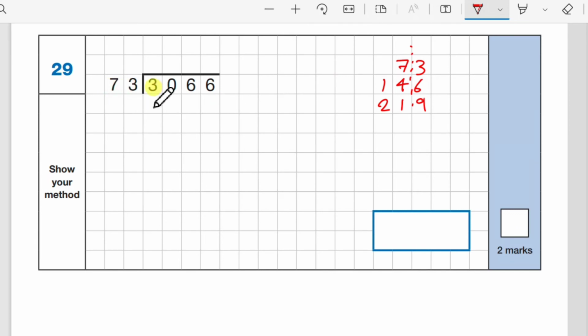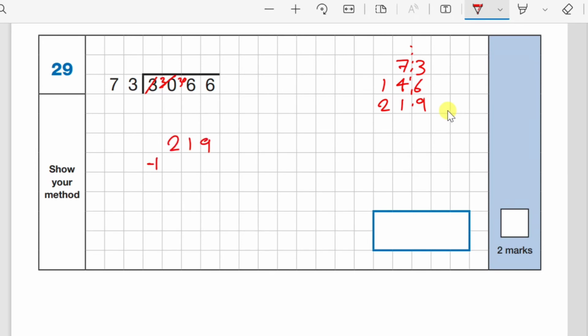So 73 into 3, you can't do. So you cross out and you give this one a 3, it becomes 30. 73 into 30, well, you can't do either because it's too small. So the next one becomes 306. So 306. Whew. That means we need to keep going. So we need to add another 73. If you're not sure, just do your working out here.